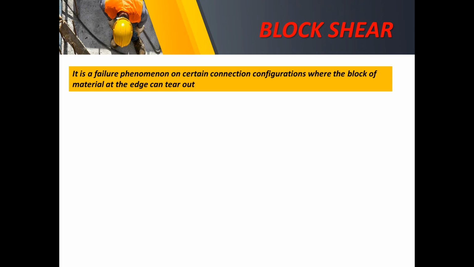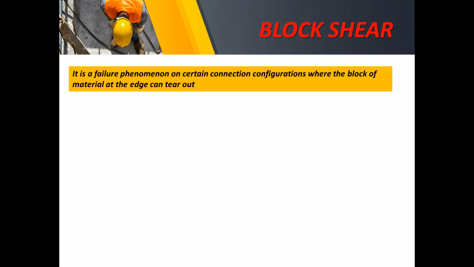Let us define first what is block shear. It is a phenomenon of failure on certain connection configurations where the block of material at the edge can tear out. This is the effect of the concentration of axial forces on the bolts.